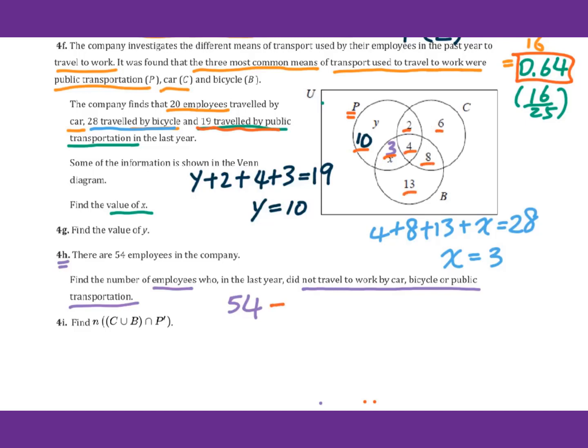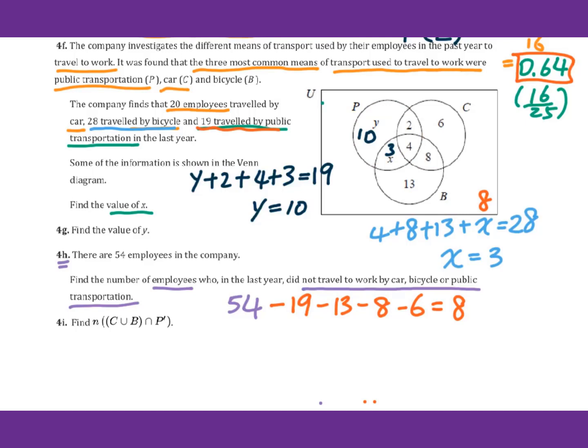So you can minus 19 because this circle added together will be 19. Then subtract 13, minus 8, minus 6. You will get 8. So we put 8 over here.